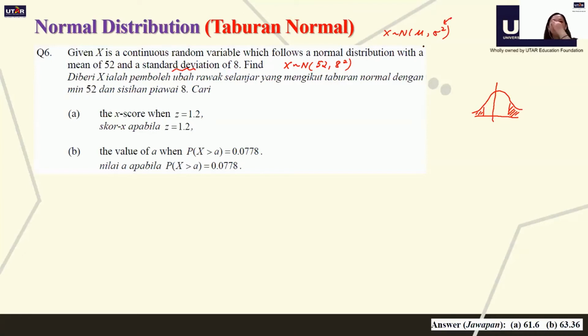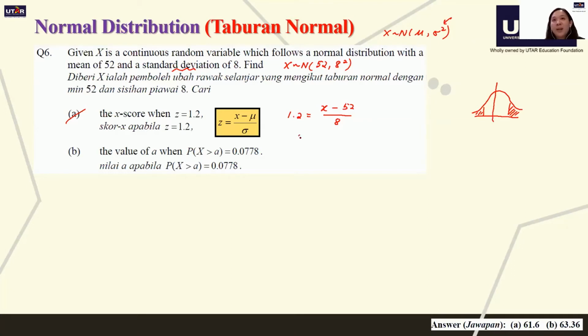Now in part A, they are looking for the X score when Z is 1.2. Remember, I told you there's a formula to convert between X and Z. If your Z is 1.2, your X is unknown, just put X. Your mean value is 52 and your standard deviation is 8. You can play with some simple algebra and solve it.